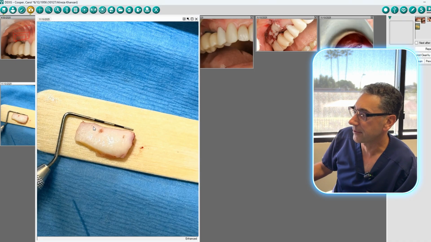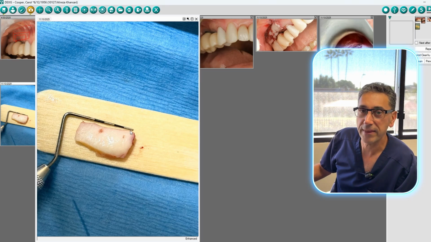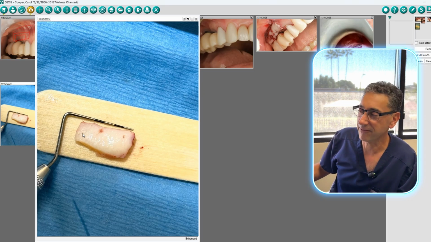As you can see in this photo, I made it bigger here. This is my probe. I do the measurement for both implants, number 3 and number 4, and it is about 15 millimeters of tissue. We harvested a little bit more, and this is the size of the tissue. For a free gingival graft, we never remove the epithelium.